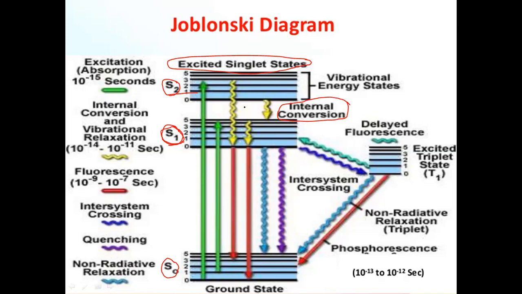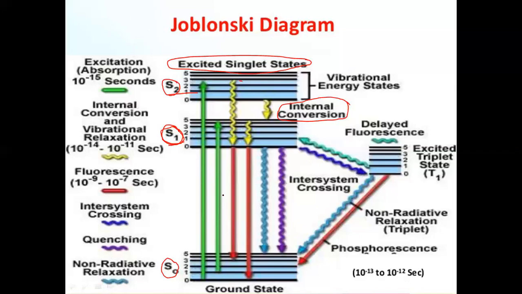Why is light energy not emitted here? Because some of the absorbed energy is used by this electron, or dissipated in the form of heat. The molecule or atom uses that energy; it is converted into heat. That's why it cannot be emitted as light energy.